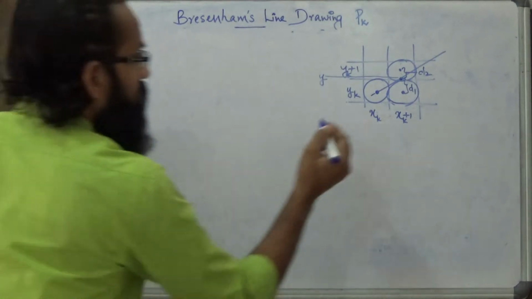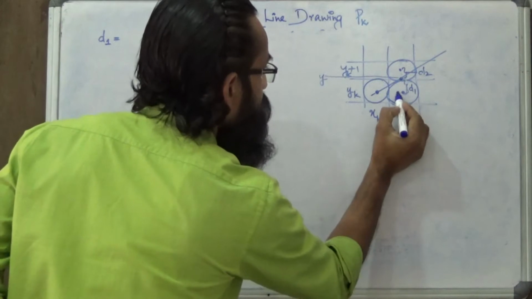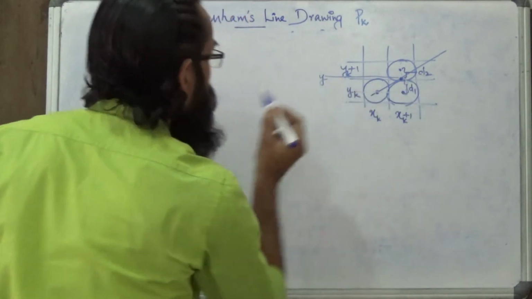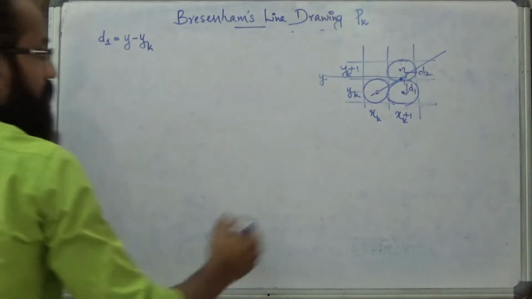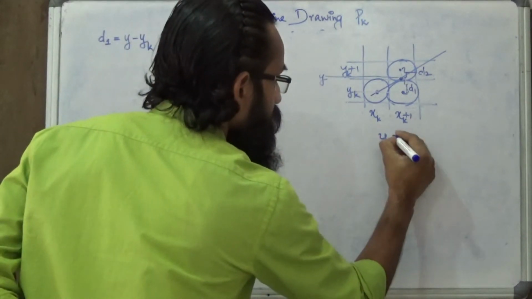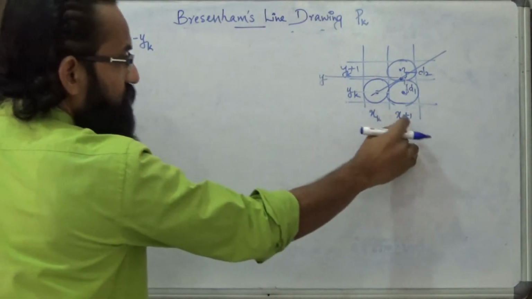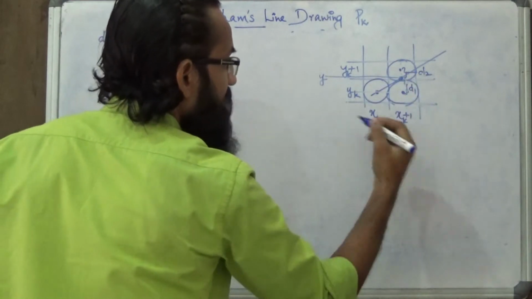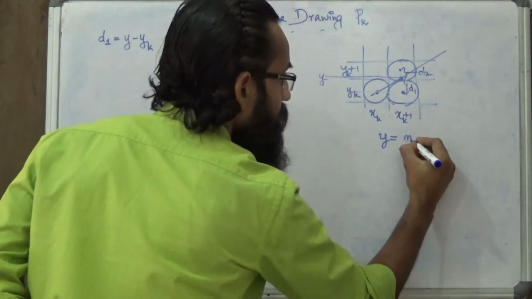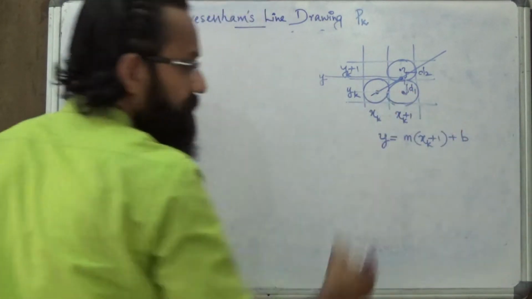What is d1? So d1 is this distance, that is y minus yk. So this is yk and this is y. So d1 is y minus yk. Now how will you determine y? The point xk plus 1, y is on the line path. So it satisfies the equation y equal to m into xk plus 1 plus b.